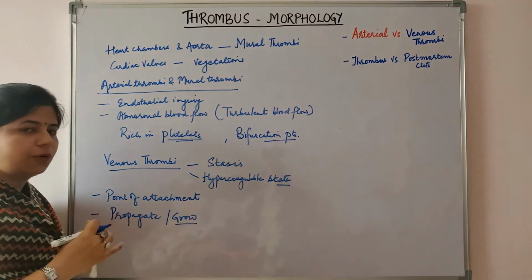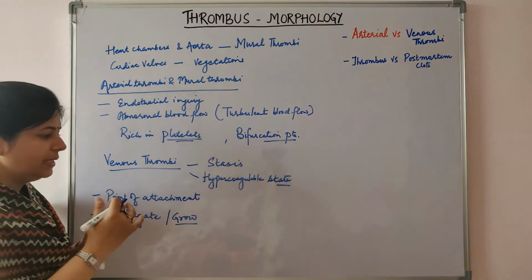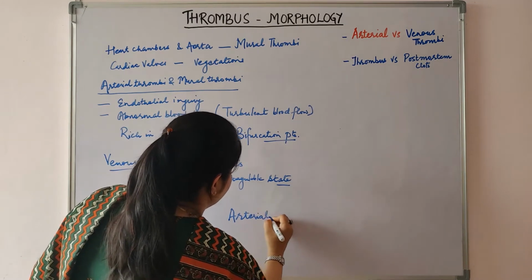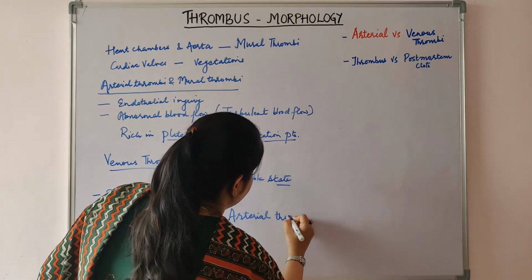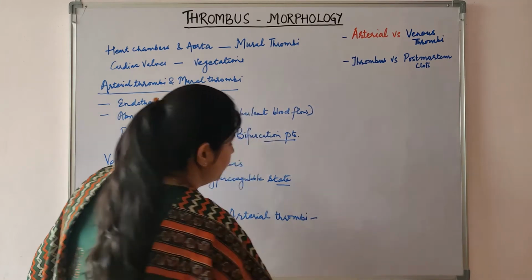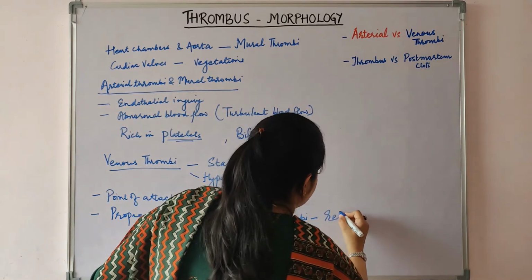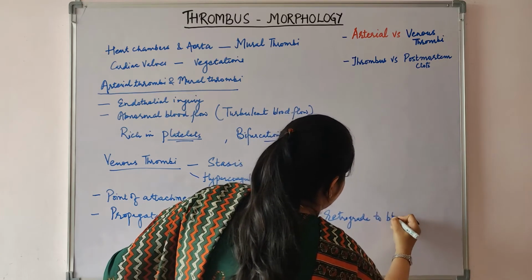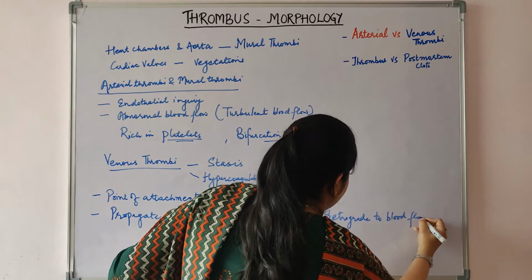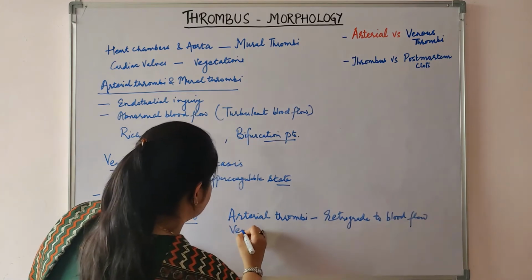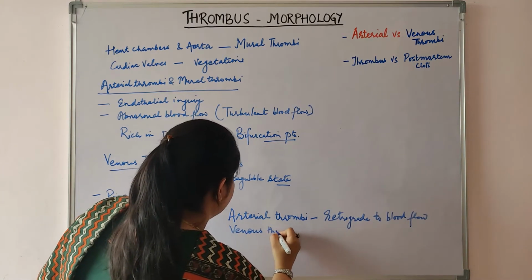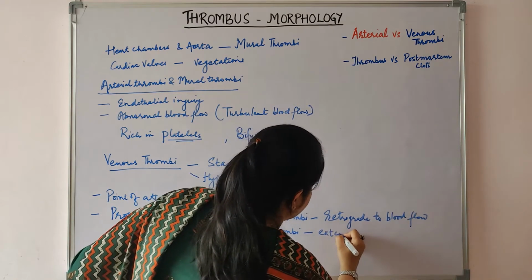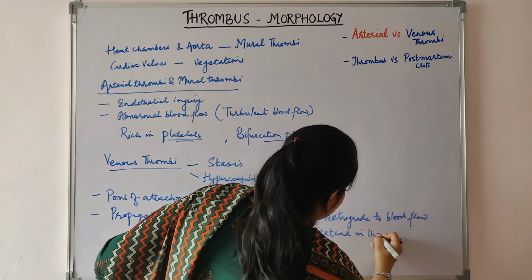The arterial thrombi propagate retrograde to the direction of blood flow. Whereas the venous thrombi extend or propagate in the direction of blood flow.